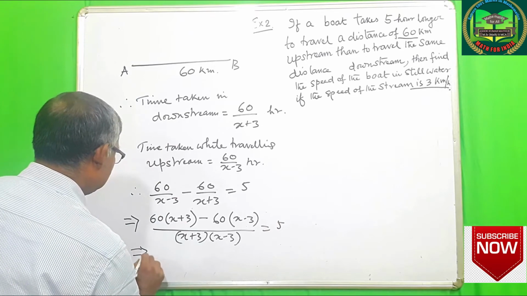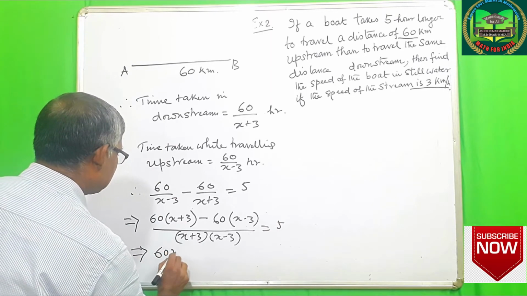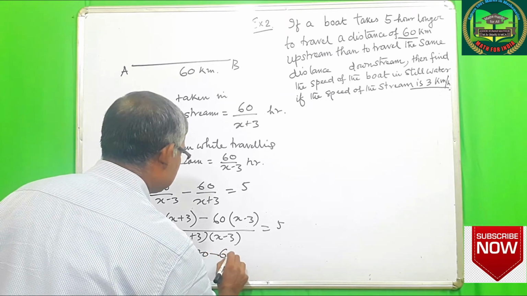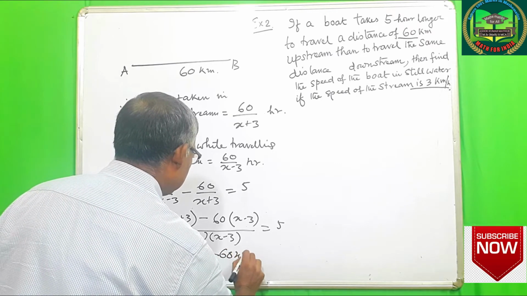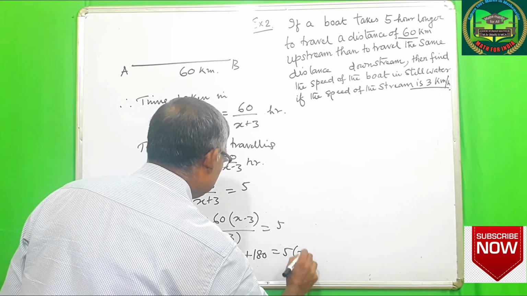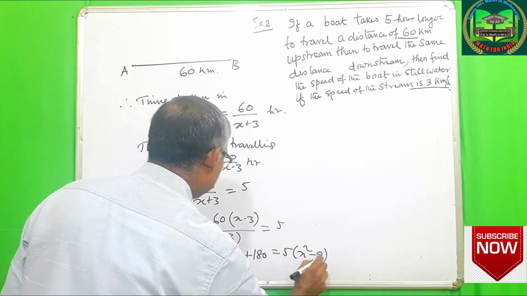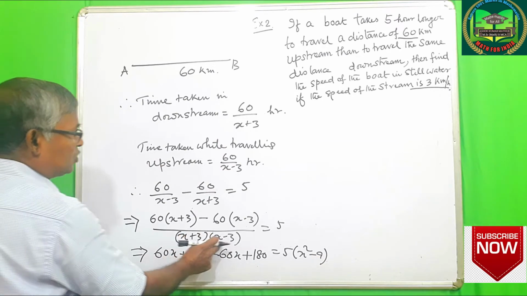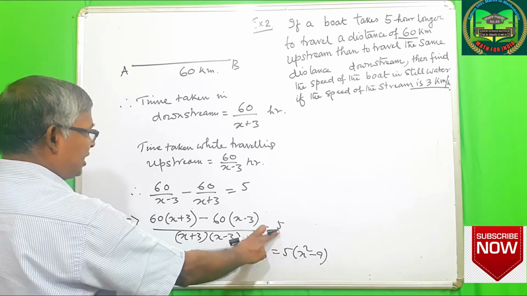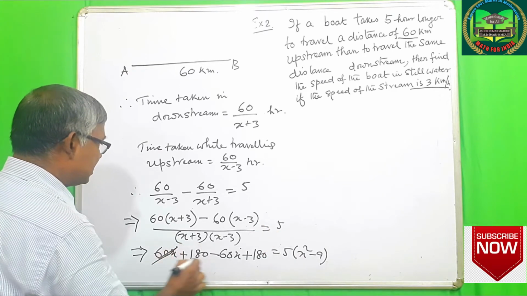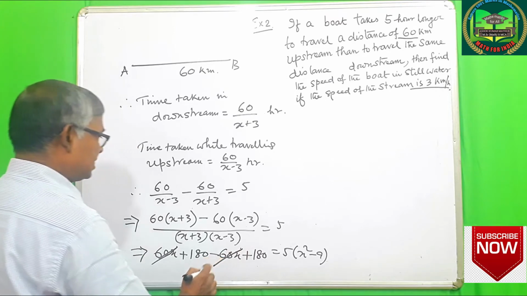This implies that 60x plus 180 minus 60x plus 180 equals 5 into x square minus 9. Here x plus 3 into x minus 3 equals x square minus 9, and we have taken cross multiplication. Therefore, we can cancel 60x minus 60x.